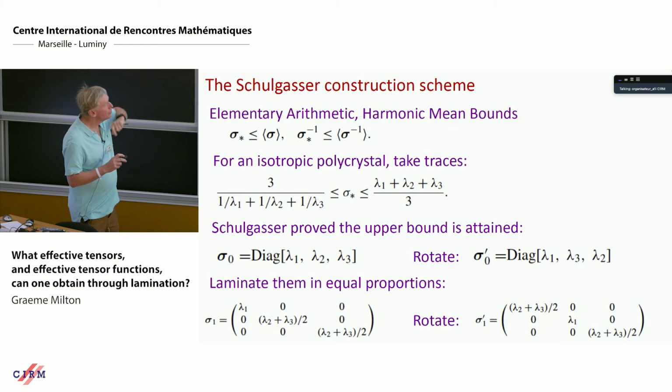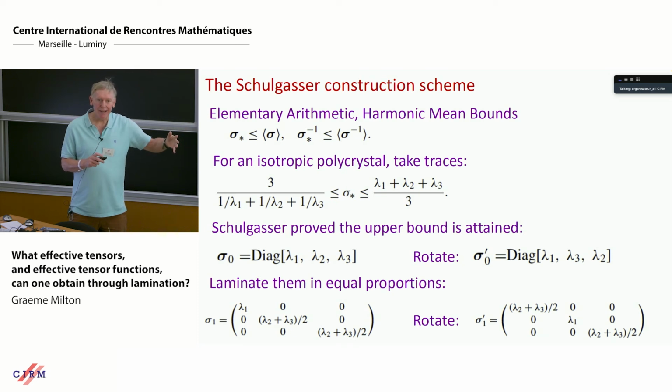Actually, Schulgasser proved the upper bound. The idea is to rotate the material so that in the direction n, which you laminate, you expect a harmonic mean. Of course, if the conductivities are equal there, the harmonic mean is the same as the arithmetic mean, and so the effective conductivity is just an average.